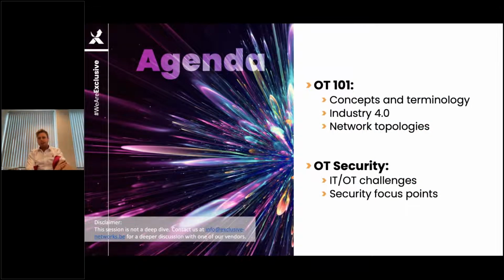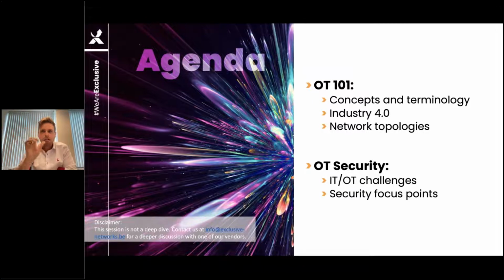Before we start, I would like to go over the agenda. As this is an explained session, we will give you a high-level overview of operational technology and the security concepts surrounding the topic. If you have any deep dive questions, please consider sending us a message so we can set up a meeting with one of our vendors. These people breathe and talk OT, so they will be the perfect guides to consult if you have any specific requirements.